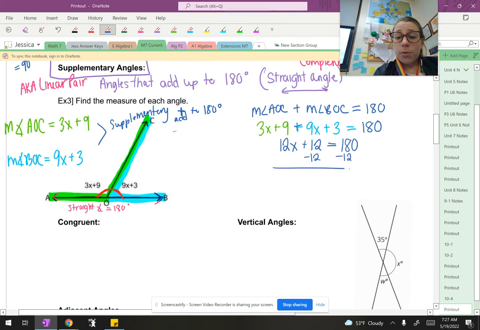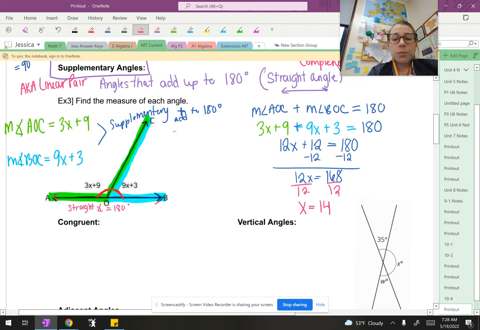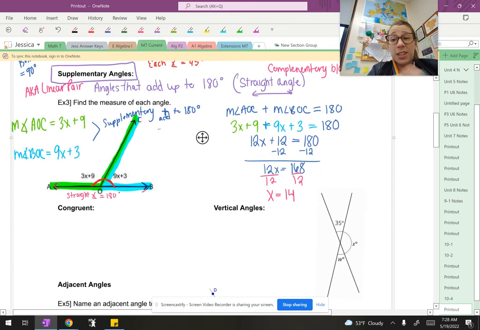Minus the 12 to both sides, leaving me with 12x is equal to 168. Final step, divide both sides by 12, leaving us with x being equal to 14. Now careful here, this is not the measure of each angle.